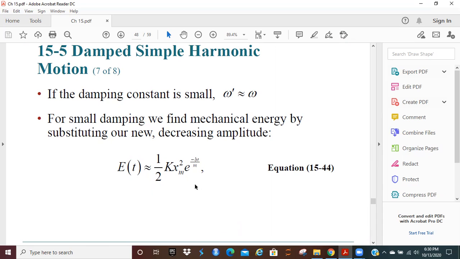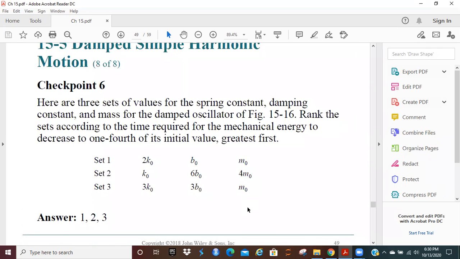And if you put that term in the denominator, you can see how that begins to decrease that particular value. So this is going to decrease a lot less quickly than this will, because if you look at the ratio of this to this, it's less than this to this, which is less than this to this, which means this time, it's not going to be anywhere near as long as what it would be for this as what it would be for this. That's why it's ranked 1, 2, and 3.